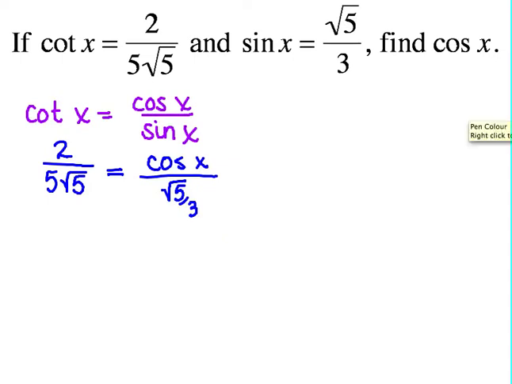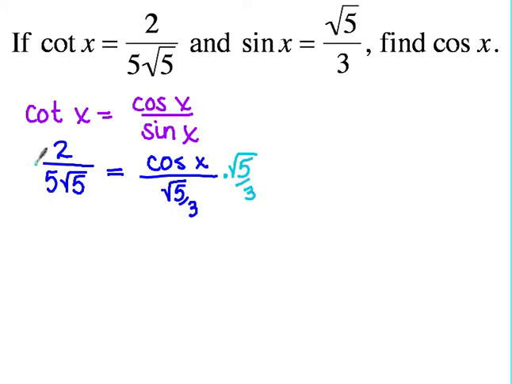So now all I need to do is solve that for cosine. What I could do is cross multiply. That's one way. The other thing that I could do, since this is divided by root 5 over 3, I could multiply it by root 5 over 3, and they would cancel. Because this is just like if it was cosine x over 5, you can multiply it by 5.